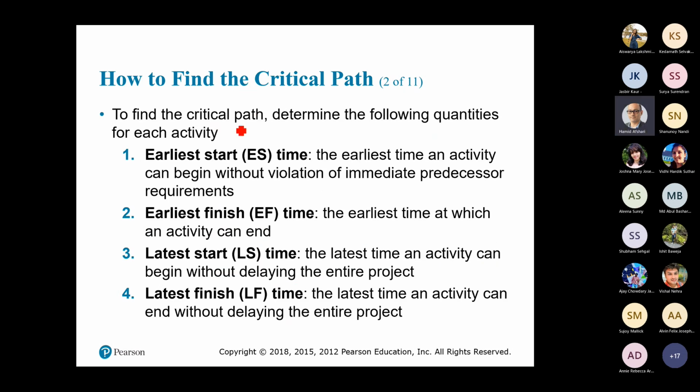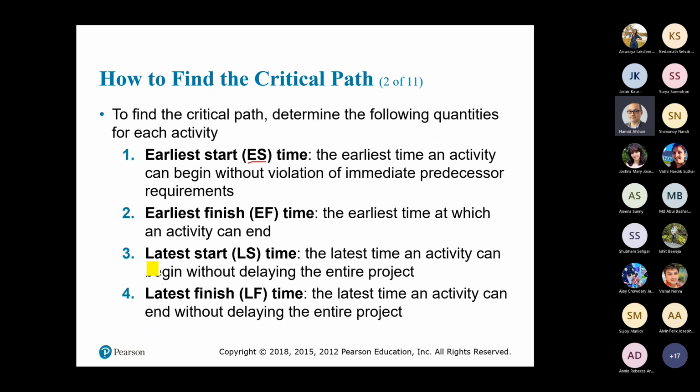To find out the critical path, determine the following quantities for each activity. So 4 calculations should be done for each activity: Activity A, B, C, D, E up to G, H, whatever. So we need to calculate these 4 times for each of them. The first one is the earliest start, or ES.